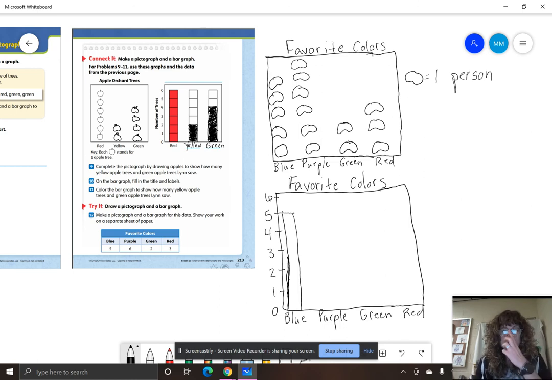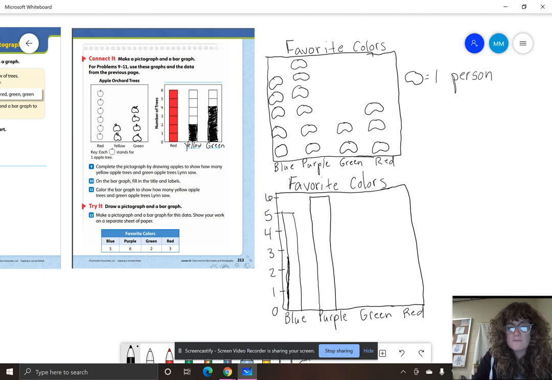All right, let's go to purple. How many people chose purple? 6. What is my bar going to need to line up with on the scale? The number 6. So I'm going to start from 0. I'm going to go up, up, up, up, up. Make sure it lines up with 6, and then come back down. Excellent job, Smarties. All right, how many people chose green? 2.